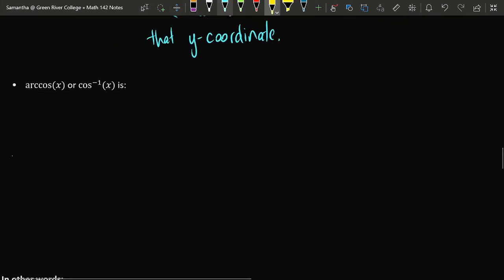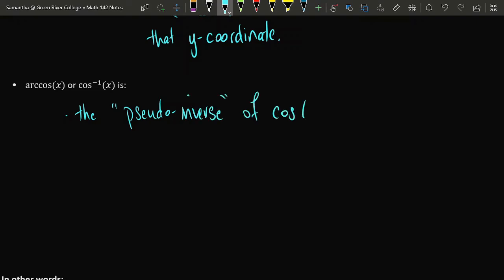Arccosine is the name for the pseudo-inverse of cosine.